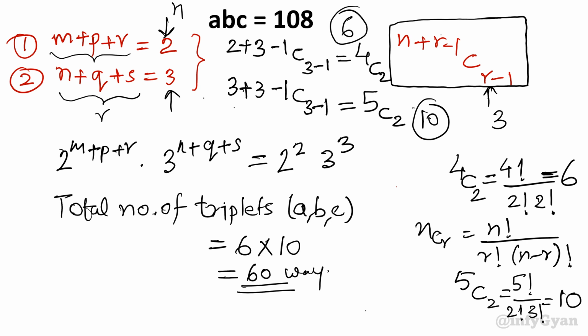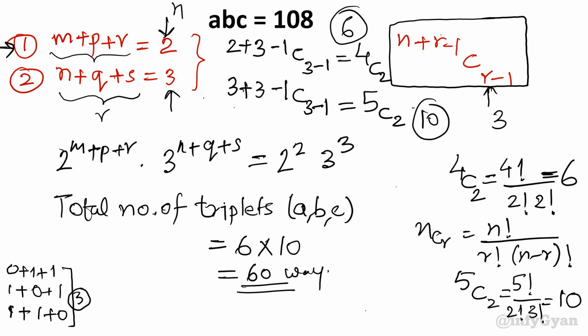In another way also we can find out m, p, r. If you want to see, I can show you the first case, m plus p plus r equal to 2. I am taking 0 plus 1 plus 1, 1 plus 0 plus 1, and 1 plus 1 plus 0. These are 3 cases using 1, meaning two ones. The sum is 2.